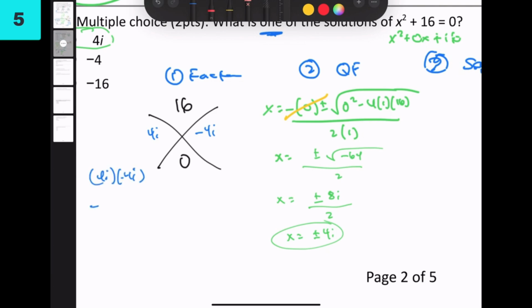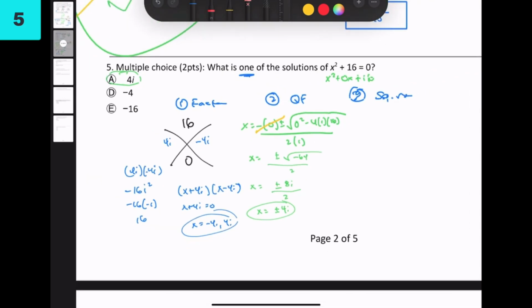So negative 4 times 4 is 16, and i times i is i squared. So that becomes positive 16. So you would get x plus 4i, x minus 4i, set those equal to 0, and solve. Same thing on that side, you'll get negative positive.